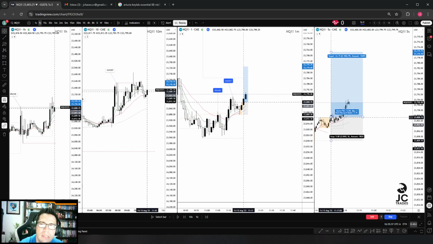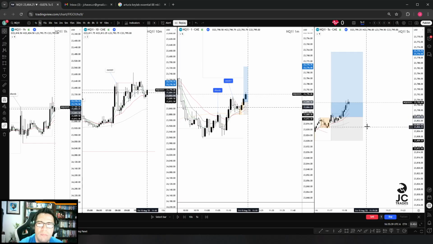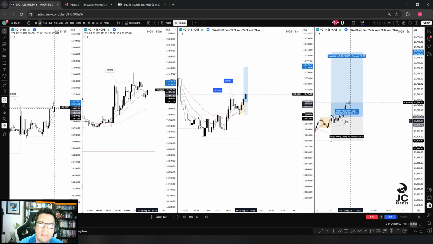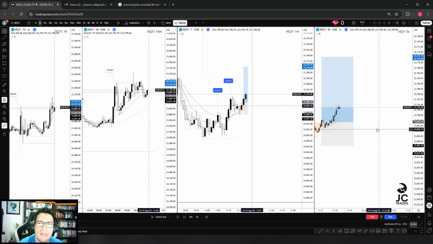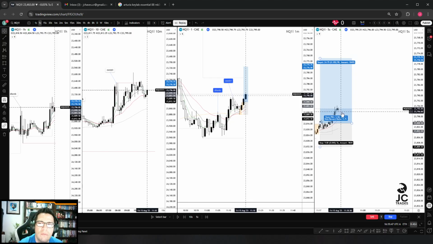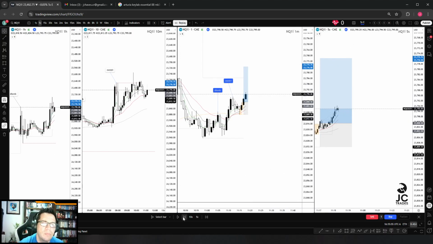So we went into the trade, had some drawdown, but well below the 50%. And now price goes above. At this point, I will wait for some retracement and then a move above some high here, or where it develops, just to move the stop to break even. So let's wait to see if that occurs or not.